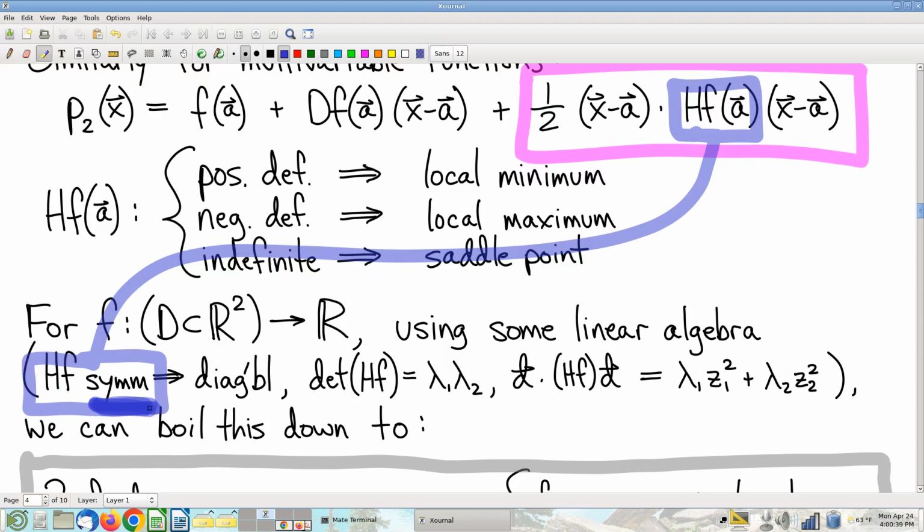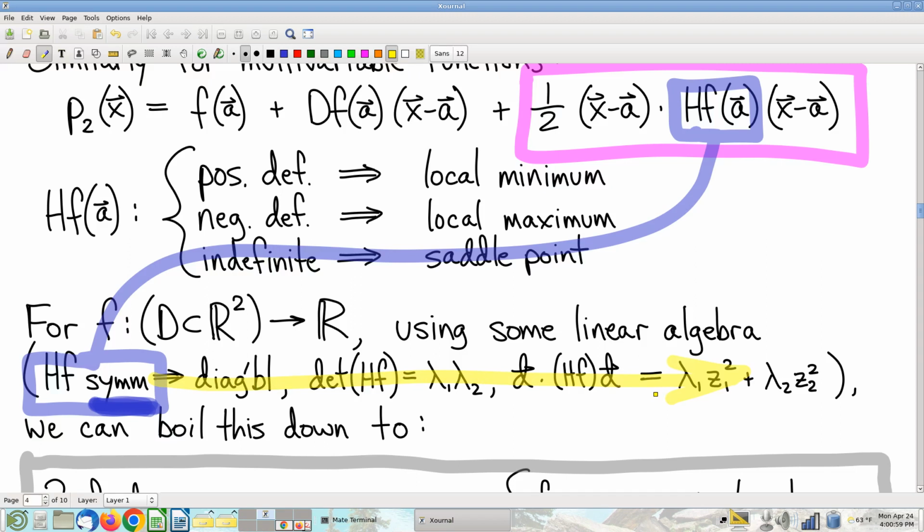So when you have a symmetric matrix, there's a little bit more that you can do. I'm going to call it a challenging linear algebra exercise. If you're interested, feel free to try to piece together the major landmarks along the way.